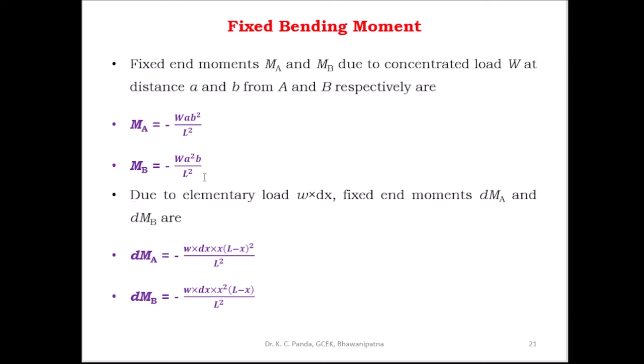Using this formula, you can find the moment for the elementary load. Due to elementary load W dx, the fixed end moments dMA is equal to minus W into dx into x into L minus x whole square by L square. Similarly, dMB is equal to minus W into dx into x square into L minus x by L square.